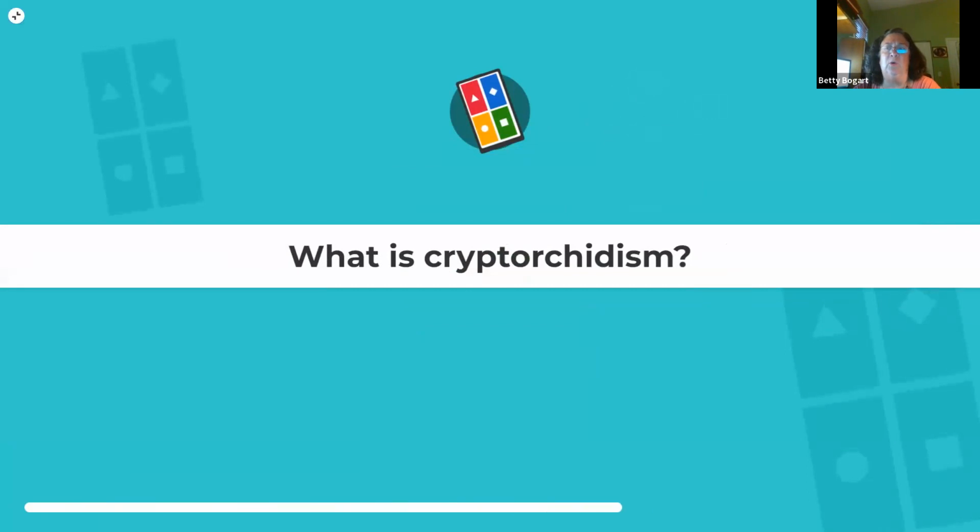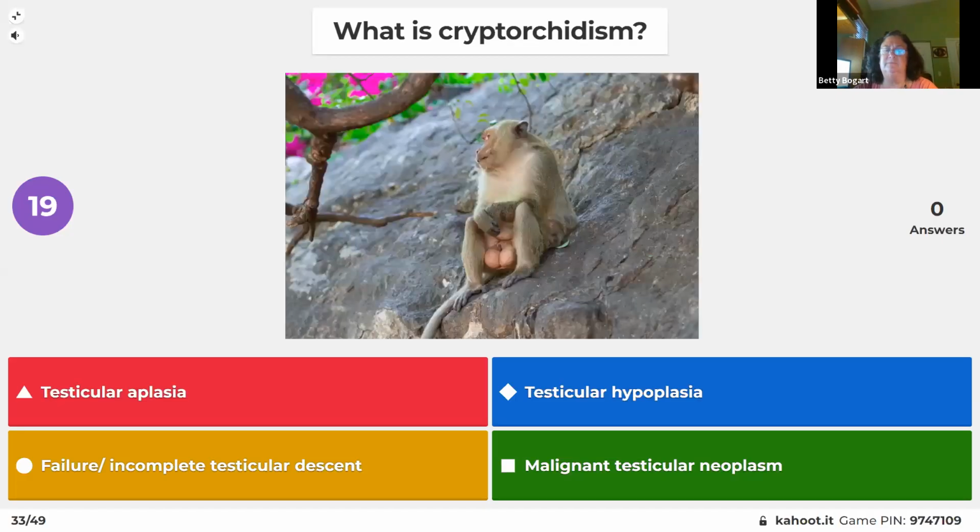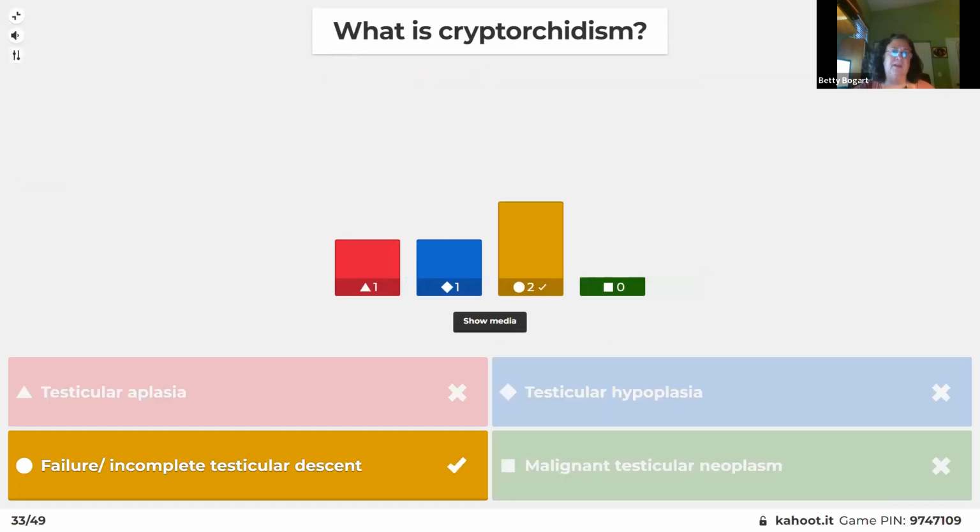What is cryptorchidism? This is when the testicles don't fully drop into the scrotum, okay? You could have one that's still up in the abdominal cavity and hasn't come back.